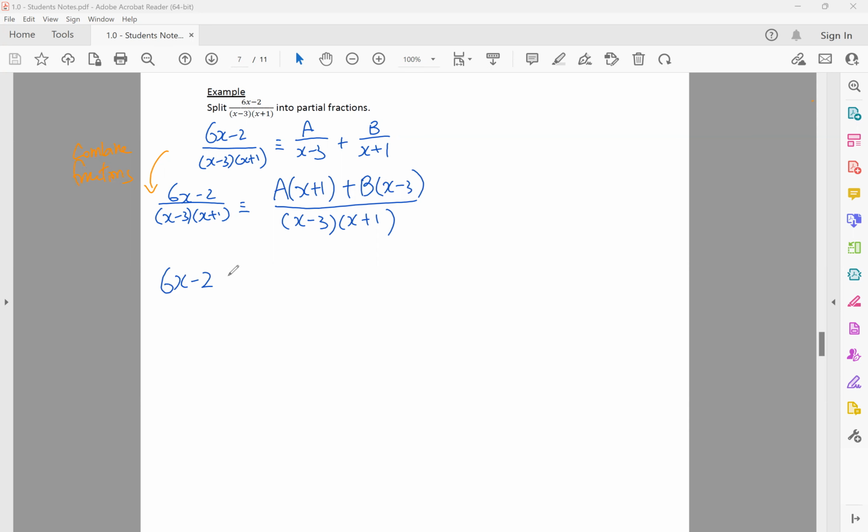We're going to just put an equal sign, we're not going through the equivalent anymore. To be honest, equal or equivalent, it doesn't really matter that much. If you struggle to understand why it's equal or equivalent, just put all of them as an equal. So equal to a bracket x plus 1 plus b over x minus 3. So here, what we're trying to do is just equate the numerator.